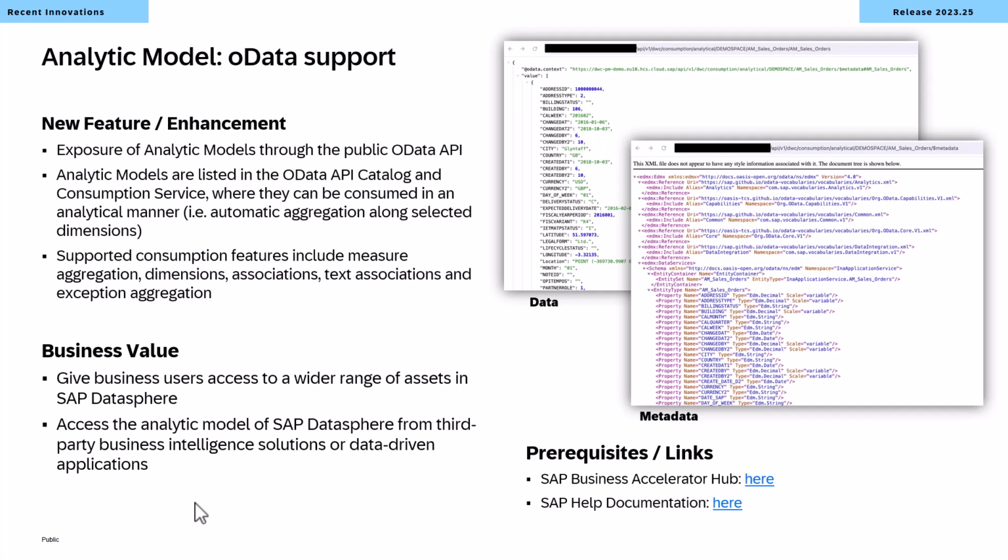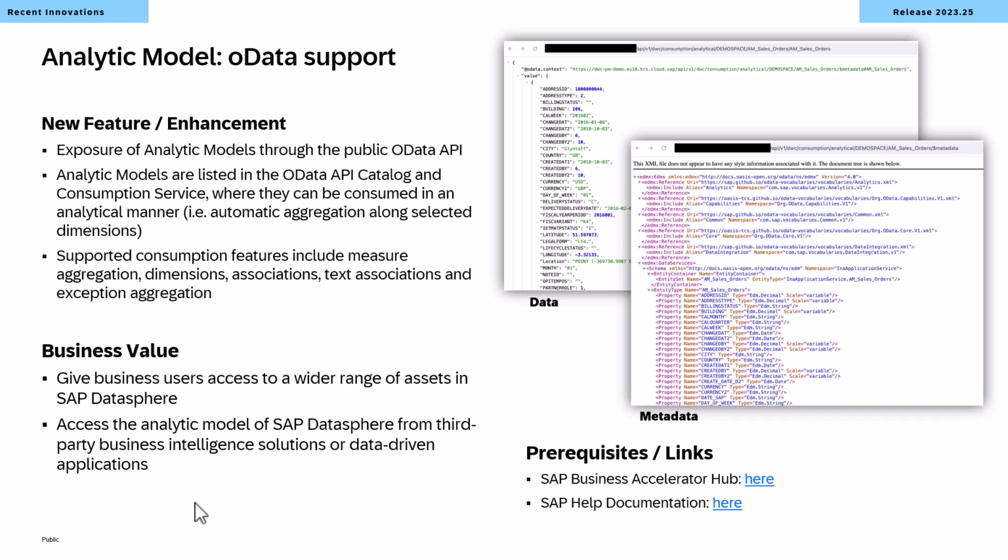And this was also quite well awaited by many customers and partners: to make the analytic model, which is the new model type we introduced in March 23, now also have outbound support using the OData interface.